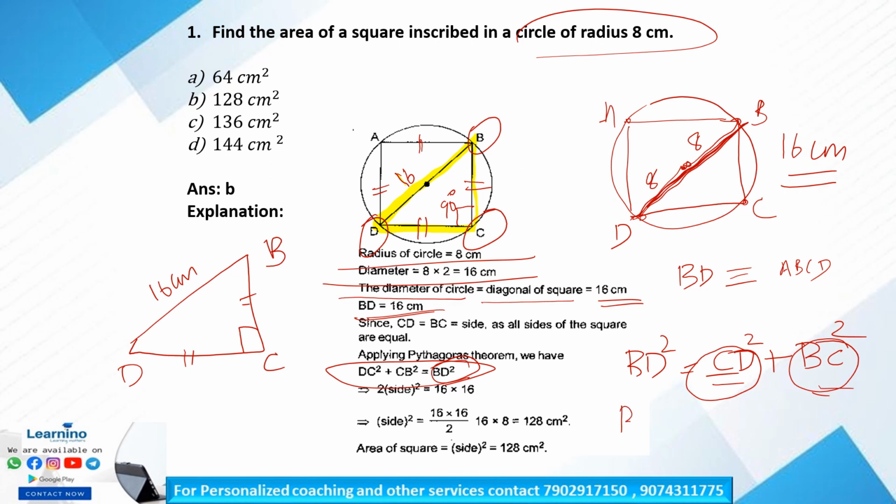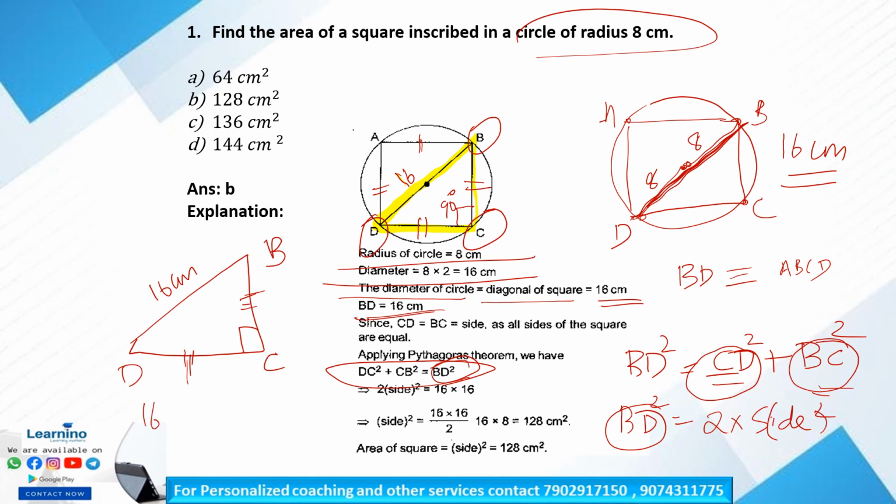So BD square is equal to, what is CD? This is one side, BC is another side. So we can say 2 into side square. What is BD? BD is 16 centimeter.